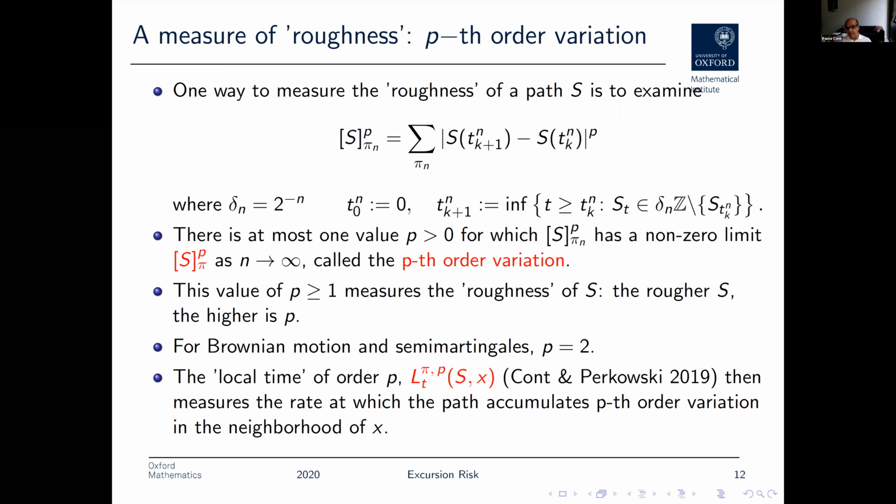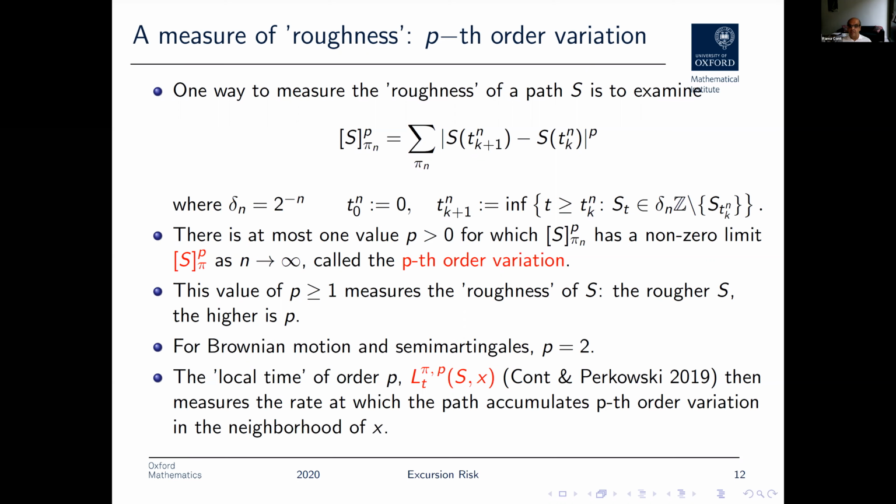Now, it turns out that this sum either goes to infinity or to 0 or has a finite limit. There are only 3 possibilities. And there is at most one value p for which the limit is neither 0 nor infinity.